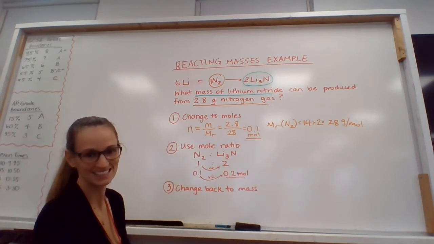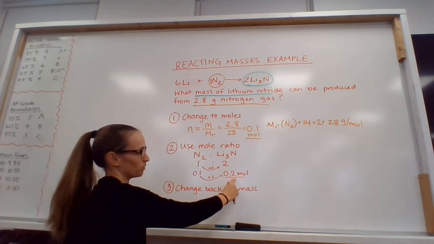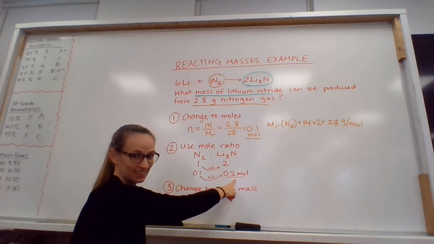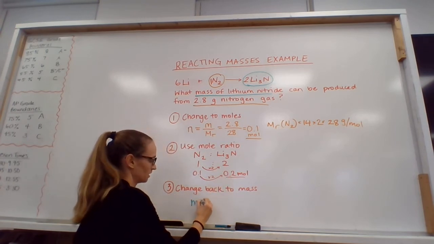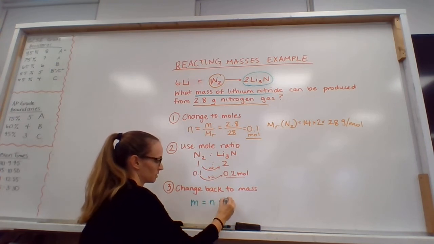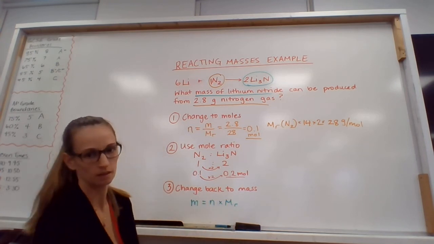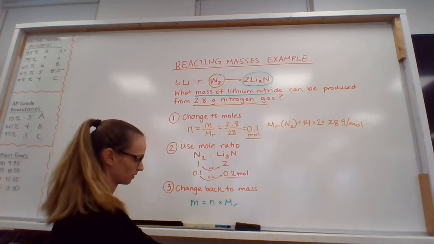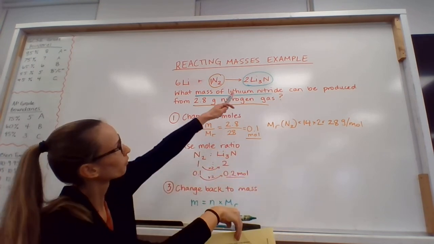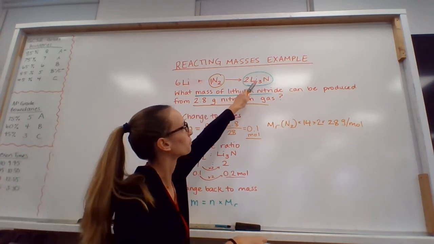We're looking for mass M. We have moles N. So we're going to use the equation mass equals moles times MR. M equals N times MR. Again, MR comes from the periodic table and the formula, Li3N.